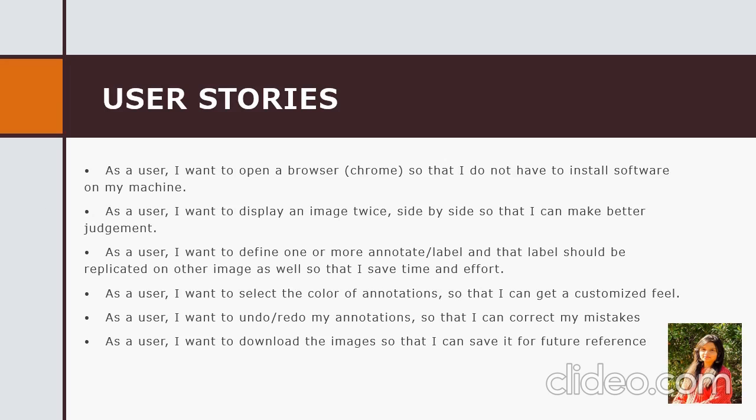There are six user stories in total, and those are: as a user, the application is able to open in a browser, especially in Chrome, so that I don't need to install software on a machine, and able to display an image twice side by side so that the user can make a better judgment, and able to define one or more annotations or labels, and that label should be replicated on the other image as well to save time and effort, and able to select the color of the annotation to get a customized feel, and able to undo and redo the annotations so mistakes can be corrected, and able to download the image so that the user can save it for future reference.